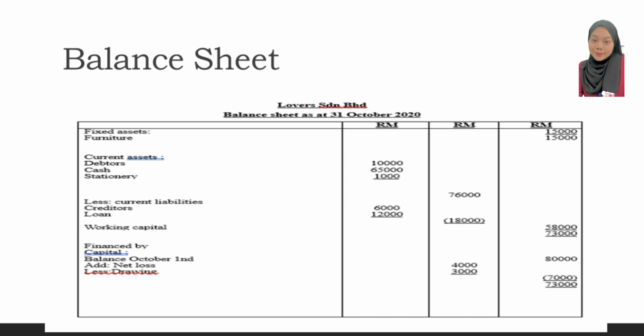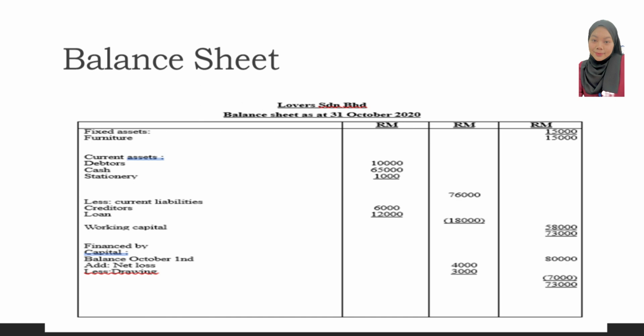To get working capital, we must add fixed assets 15,000 and current assets 76,000 minus current liabilities 80,000. So the total is 58,000. After adding 15,000 and 58,000, the total for working capital is 73,000.